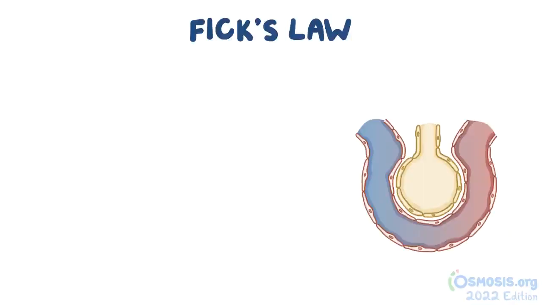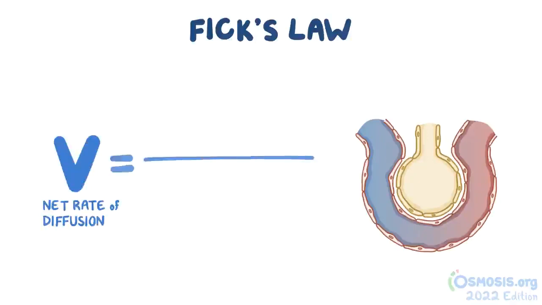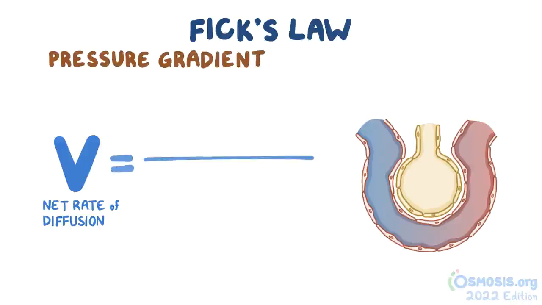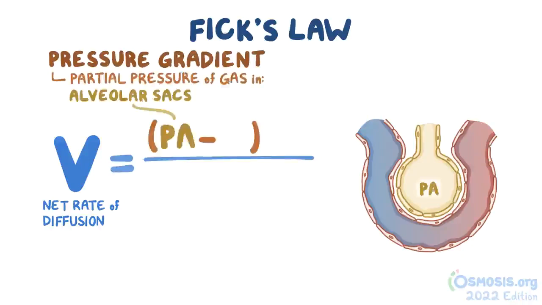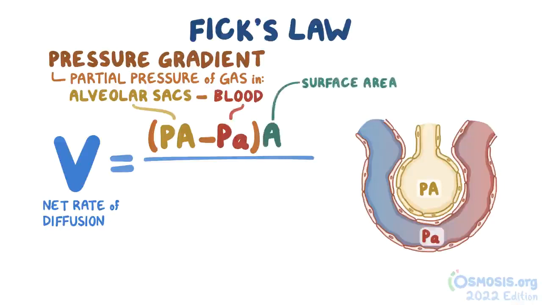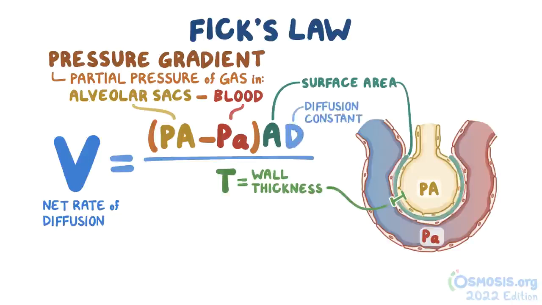Fick's law states that the net rate of diffusion, V, of any particular gas across the alveolar capillary membrane is proportional to the pressure gradient across the wall, which is the difference between the partial pressure of the gas in the alveolar sacs, or P capital A, and the partial pressure of the gas in the blood, or P lowercase a, and also proportional to the surface area of the wall, or A, but inversely proportional to the wall's thickness, T. And this is all times the diffusion constant, D, which varies from gas to gas.